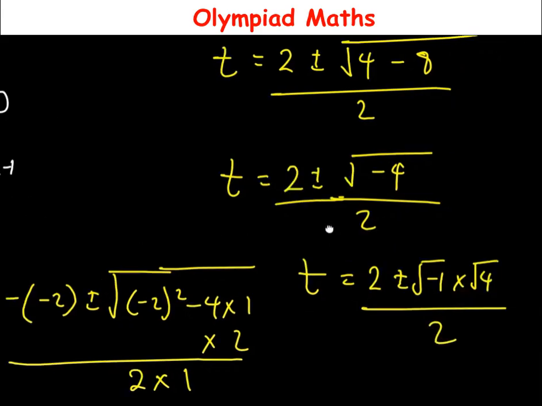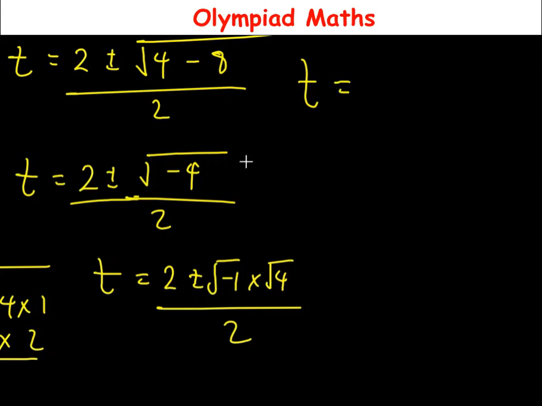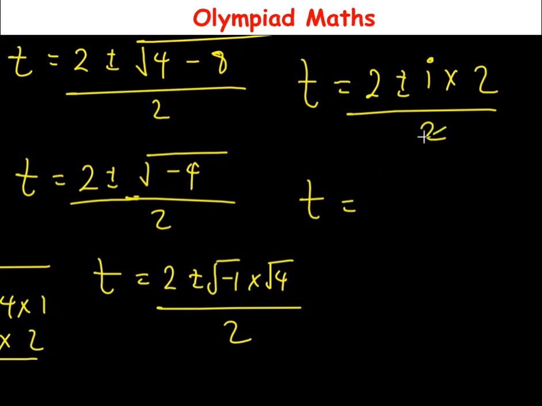So to solve for the value of t, we have 2 plus or minus, root minus 1 is i, times root 4 is 2, all over 2. So then the value of t is equal to, 2 divided by 2 is 1, plus or minus i. 2 divided by 2 is also 1, and 1 times i is i.